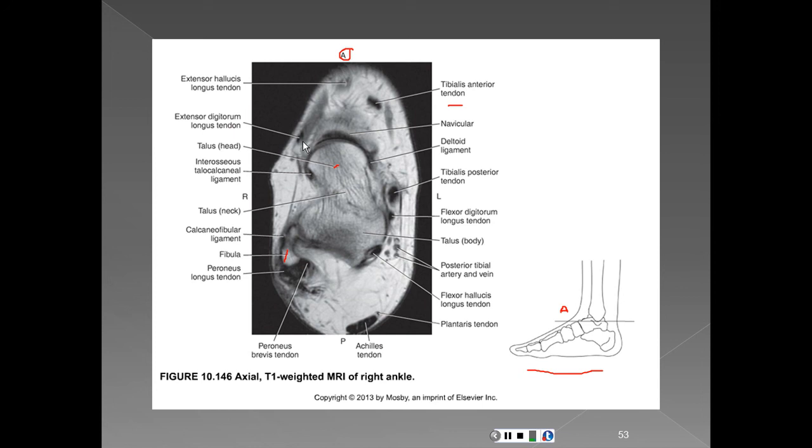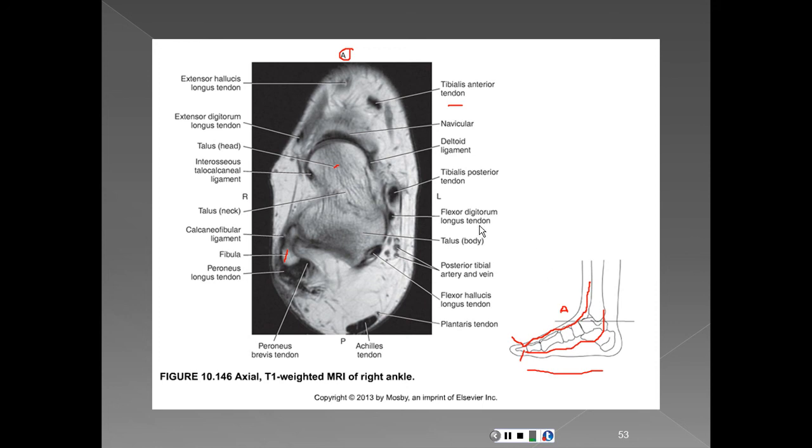So you're extending. Remember the flexor. The flexor tendon is going to come across the bottom and act on the toes to pull the toes down. The extensor tendons are going to come across the top and act on the toes to pull the toes up. That's the pathway of the extensors and the flexors.